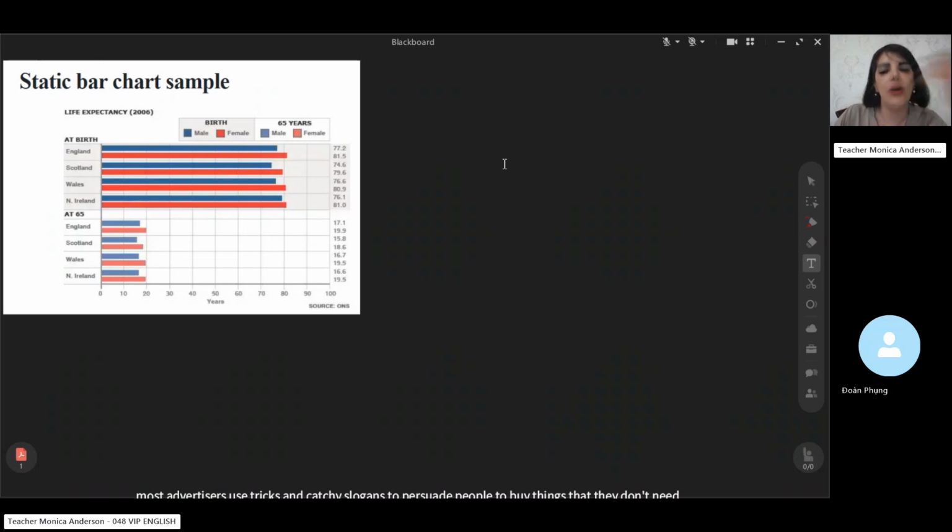I ask if you want me to write the whole thing, or just the main trends and the most important parts. I need to see an example. Okay, so let's get started.